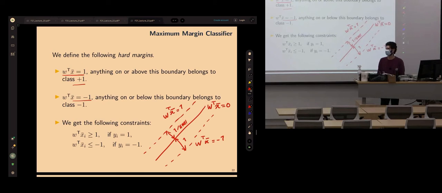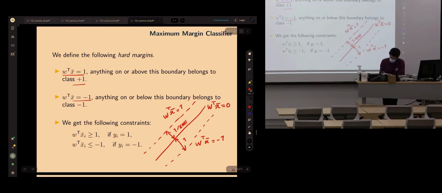Now, this might seem odd. Next time, we're going to relax it a little bit. You might ask, why would you pick hard constraints? The reality is data is going to blend in, and that will be a problem, but this is more of a first version, more conceptual, that makes sense to talk about.